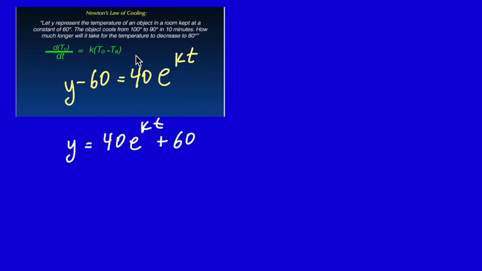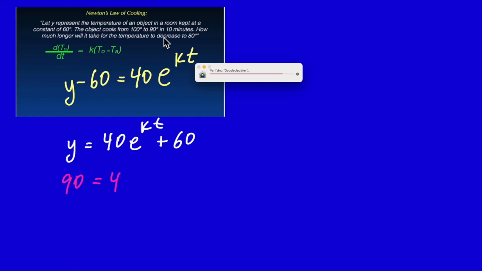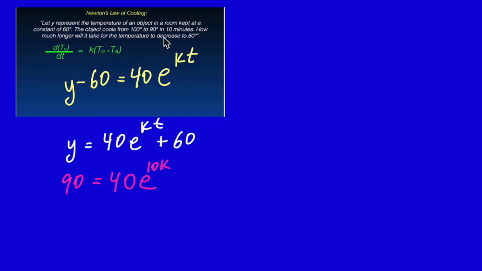Okay, so we're going to use this second data point that the object cools from 100 to 90 in 10 minutes. So that means at t equals 10, the object is 90. So we're going to go ahead and fill in, instead of t, we're going to put 10. I'm going to switch the order and make that 10k plus 60. Don't forget that plus 60.